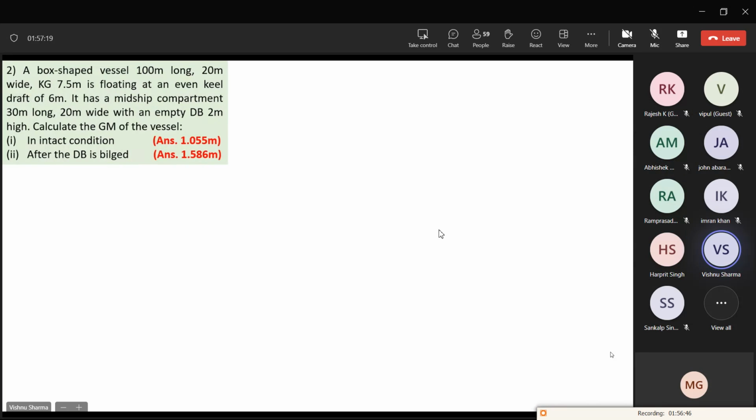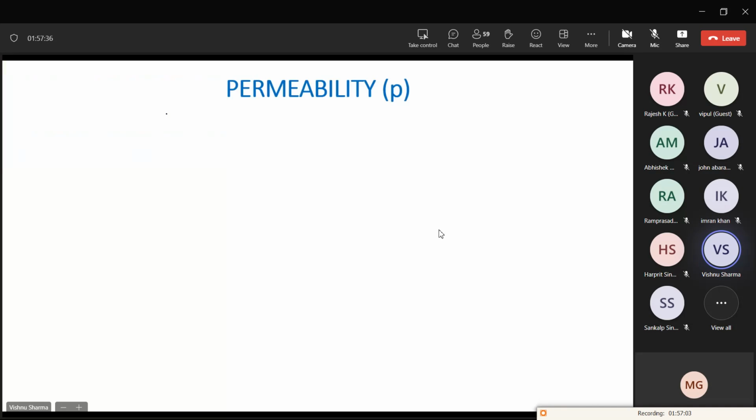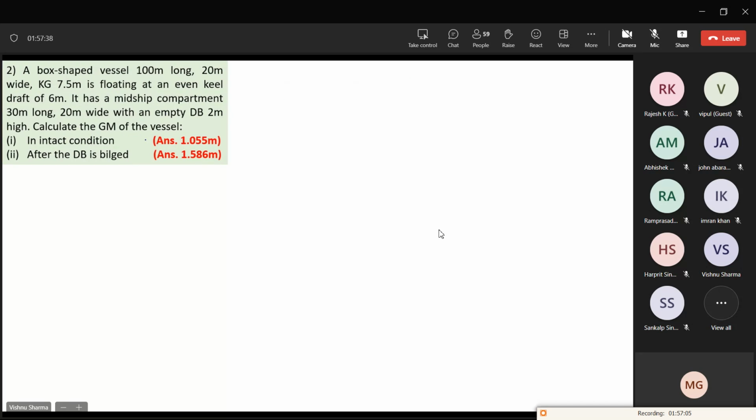In the intact condition, is there any change in the length, breadth, draft, anything? Dimensions of the ship. So part A, the answer will be same. Yes or no? So we can skip part one. This answer is same as the previous question, right? Correct, guys? Yes, sir.